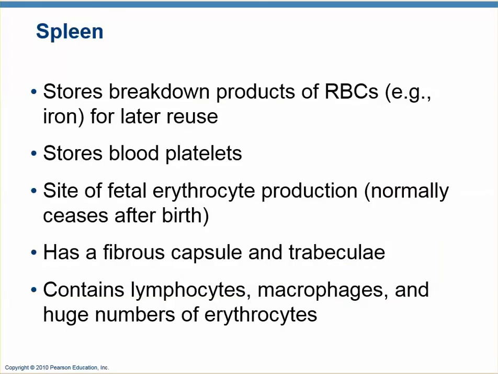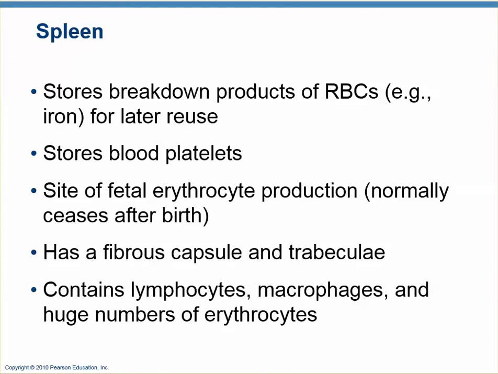The spleen also works in storing the old red blood cells, iron that hasn't been transferred to the liver yet. It stores blood platelets. Before the fetus has enough bone marrow to actually produce blood, the spleen is responsible for producing blood cells, red blood cells especially.